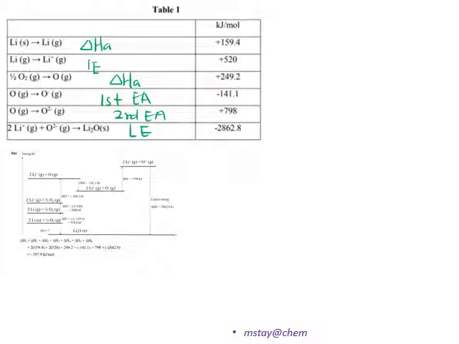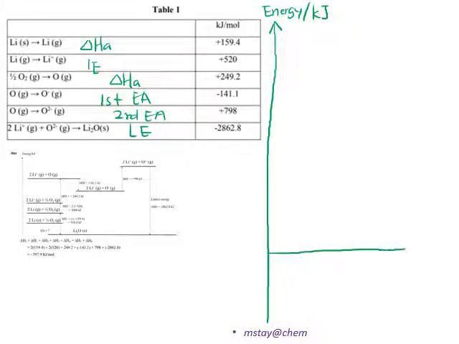The question asks us to draw the energy level diagram. We may start by drawing a line on the left-hand side and labelling energy with the unit of kilojoule. Don't forget we always start from 0, which represents the element, because an element occurs naturally and does not need to absorb or release energy, so the enthalpy is equal to 0.